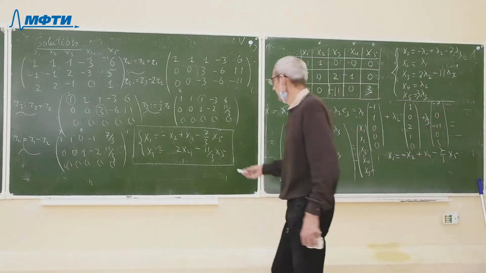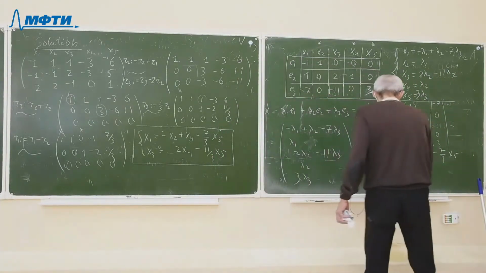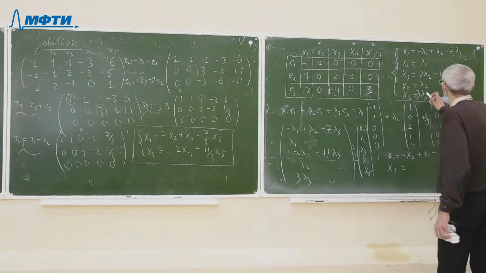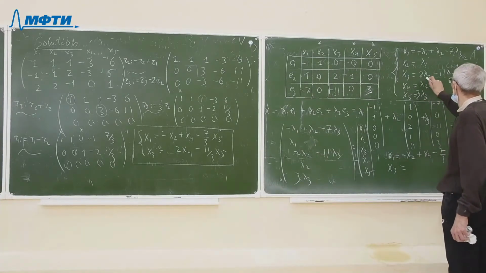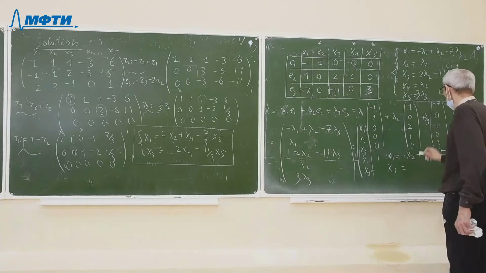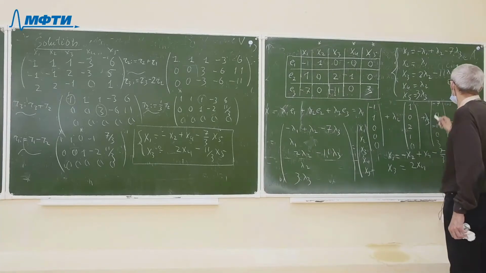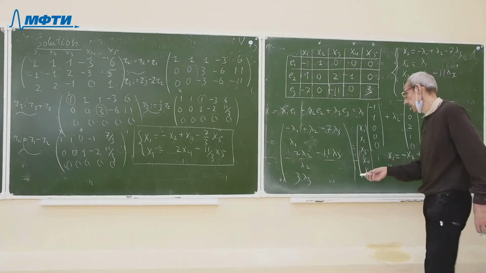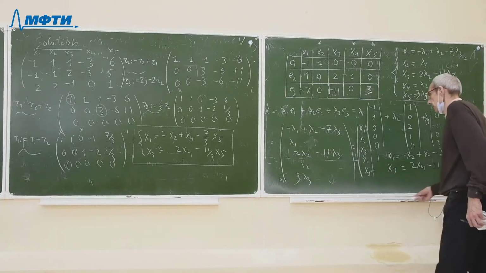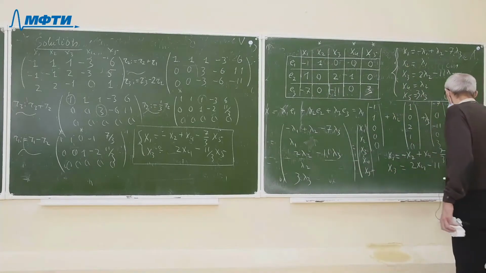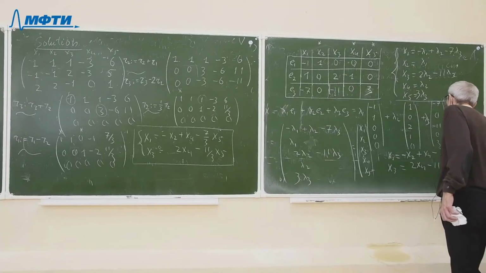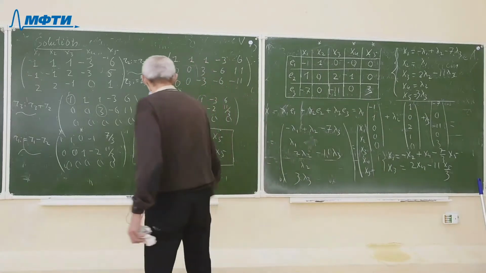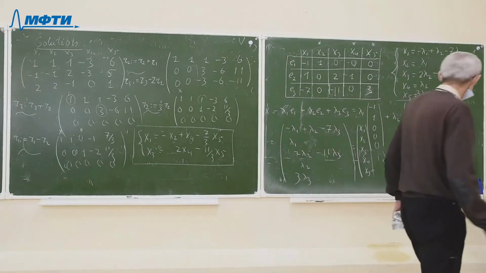And I obtain the first equation. x3 is equal to lambda 2, that is x4, minus 11 lambda 3, which is x5 divided by 3. And I obtain the general solution of this linear system.